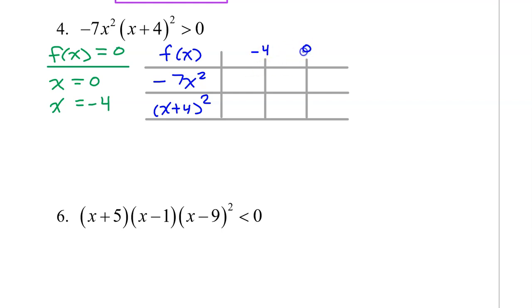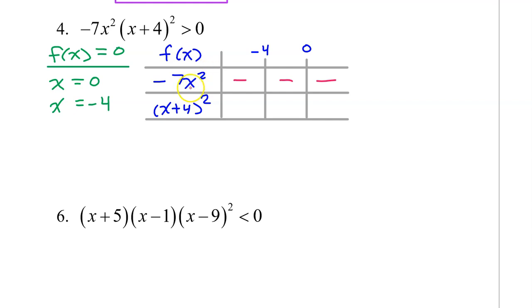Make sure these are in order from least to greatest. This is a number line. Now let's decide whether these factors are positive or negative in each interval. This first factor is going to be negative in every interval. x squared is always positive, so that's not going to change anything.